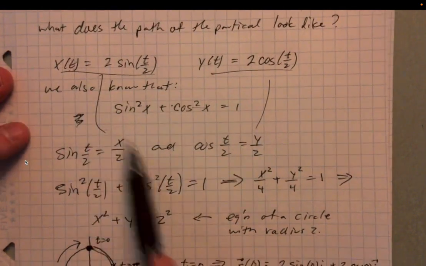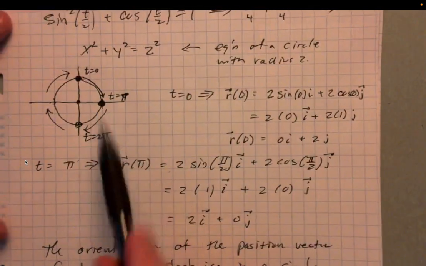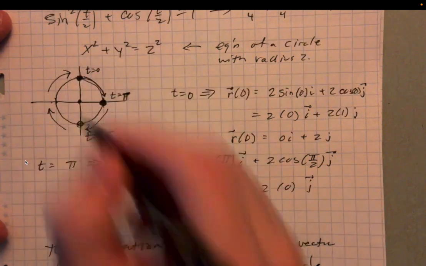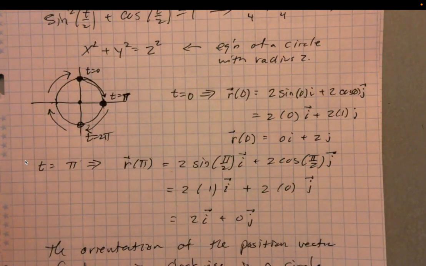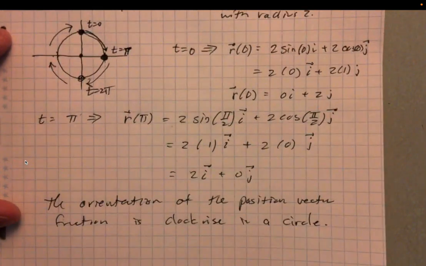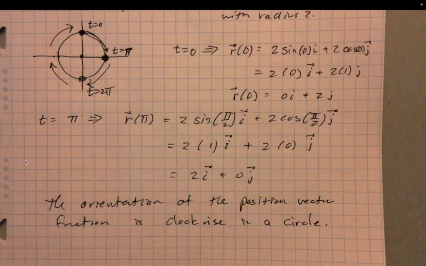So we can specifically see what the position function is doing, right? We can see that it basically is moving in a circle. Now we saw that velocity was non-constant, and we saw that acceleration was also non-constant, but that speed is constant.